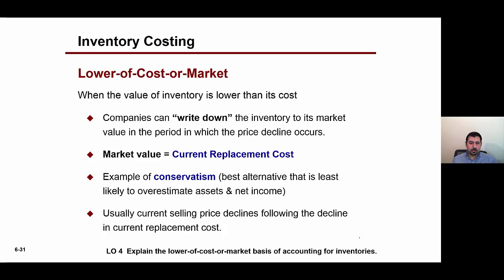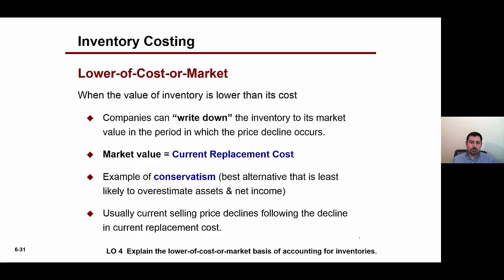So the purchase cost dropped, and it has also affected the selling price. Here, when we talk about the market value, we're talking about the price or the cost of replacing the inventory today. So if Best Buy tries to replace the inventory today, it will be a lot less than that.